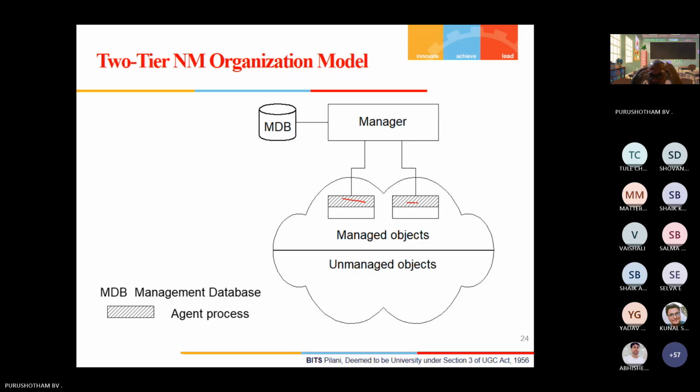As I told you, not all objects can be managed. Some of them cannot be managed also. For all the managed objects we interface the agent, and for the unmanaged objects we will not interface it. So the agent will not be there for the unmanaged objects.